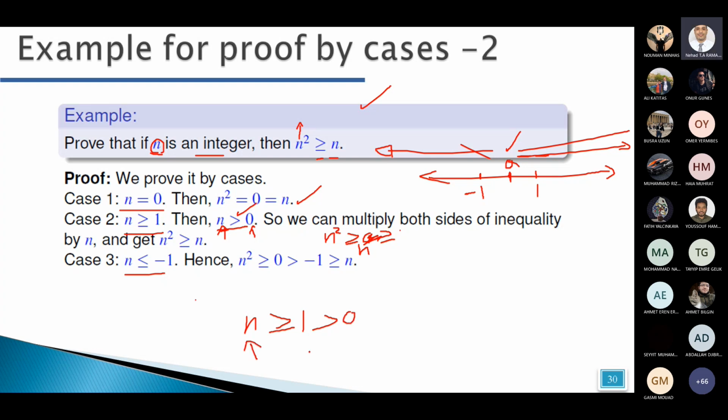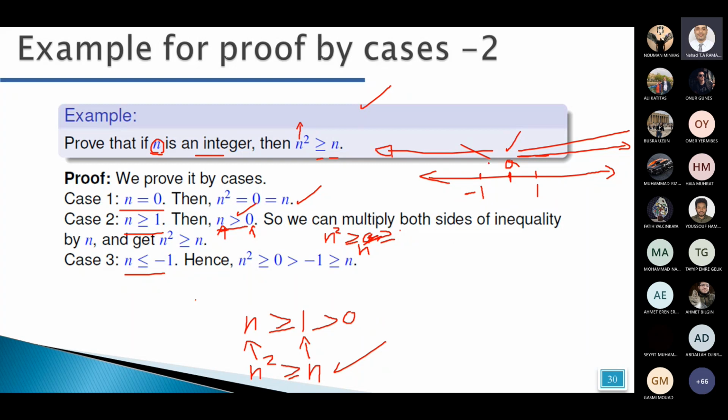Multiply this one by n and multiply this one by n. You will not change the direction. So this n to power 2 is more than or equal to this n. So this is correct.